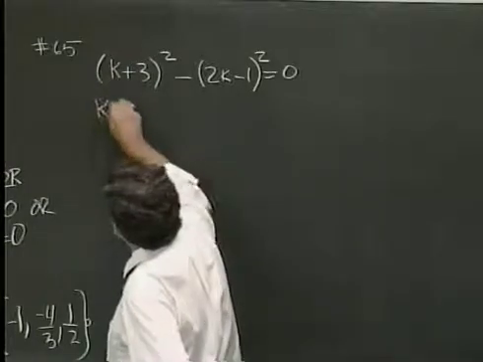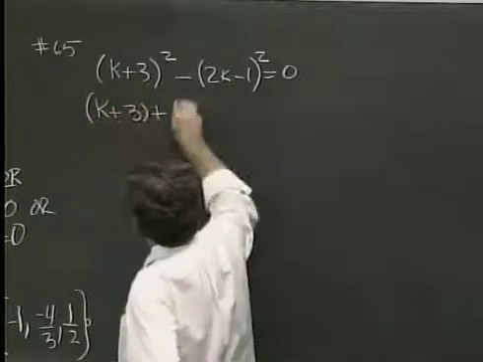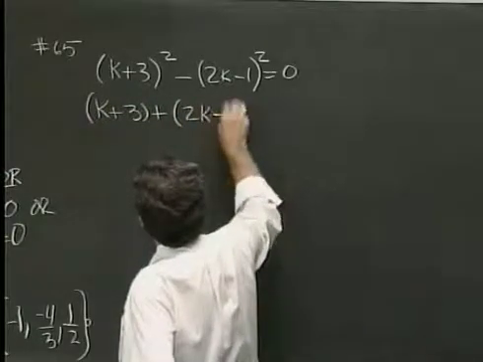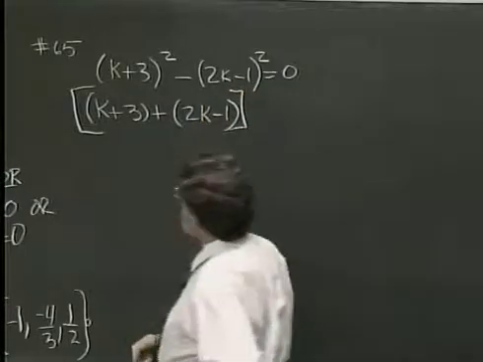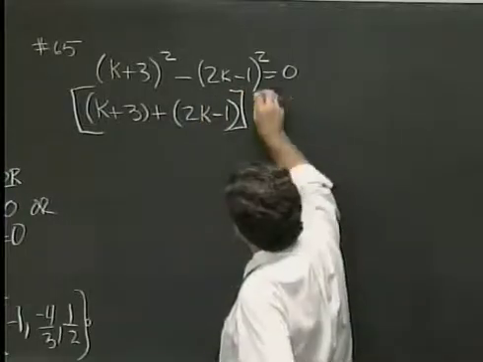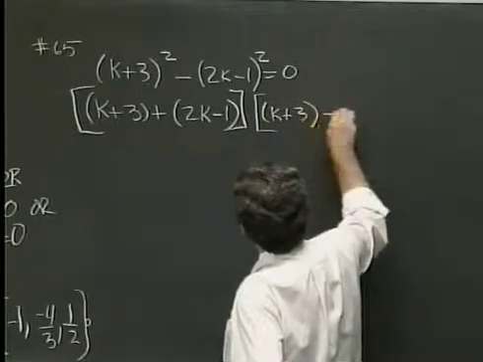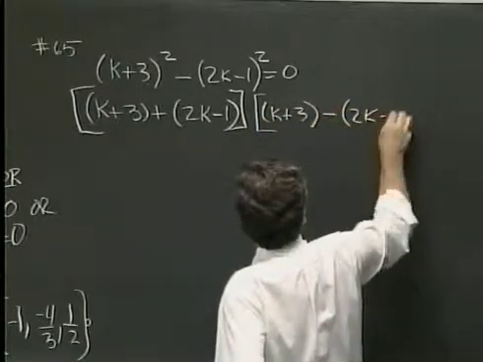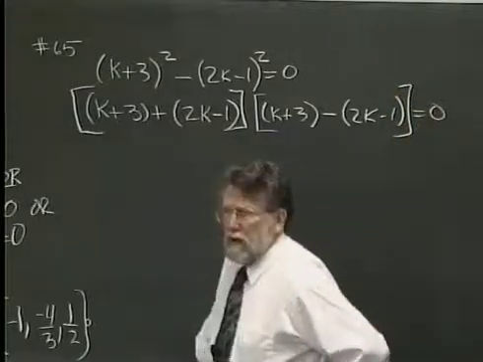So I have k plus 3 plus, I think I'll do this just to make it a little bit easier to see, square brackets, so that is the sum, multiplied by the difference, and that is to equal 0.